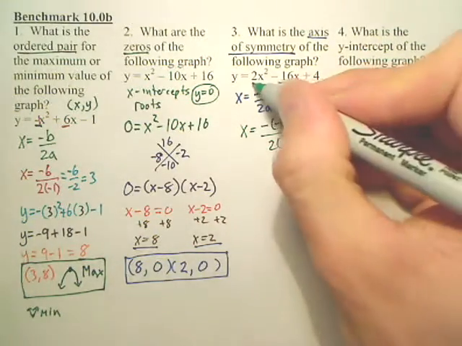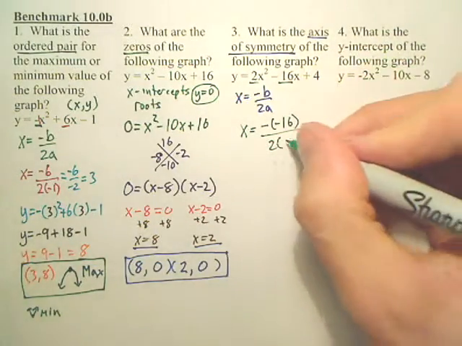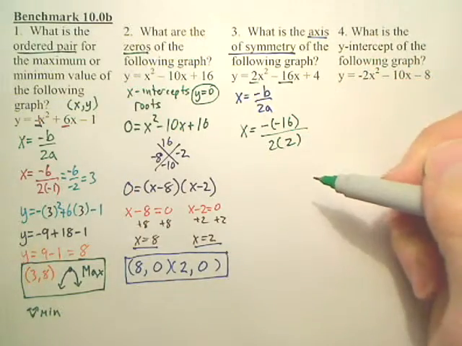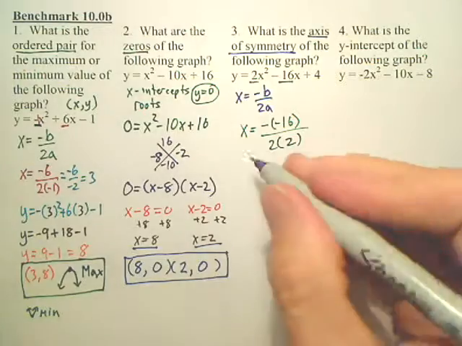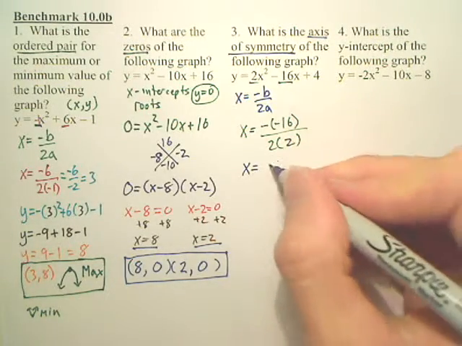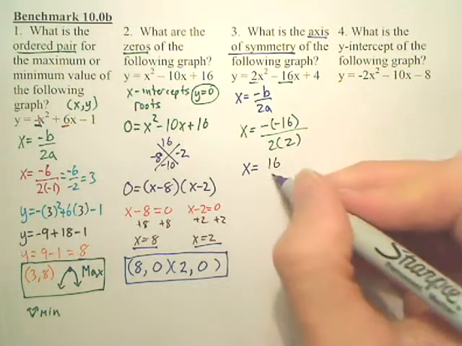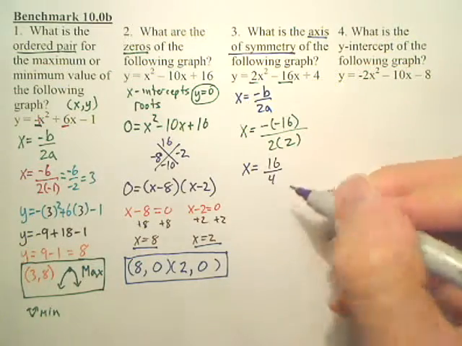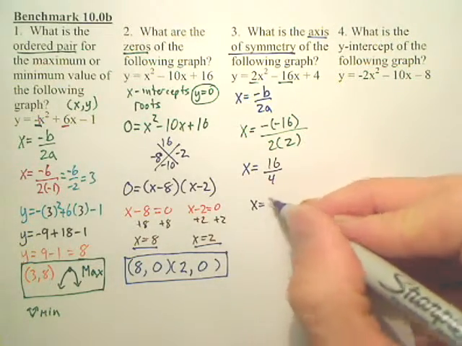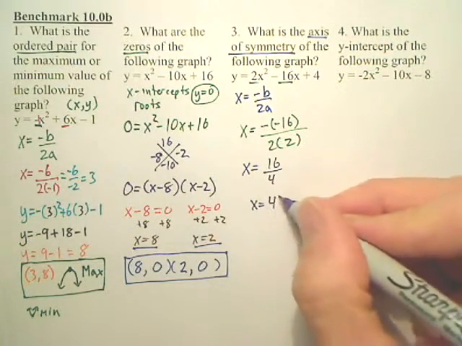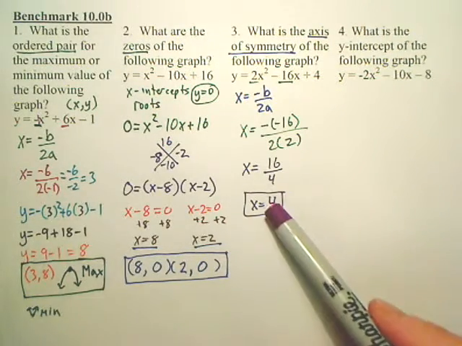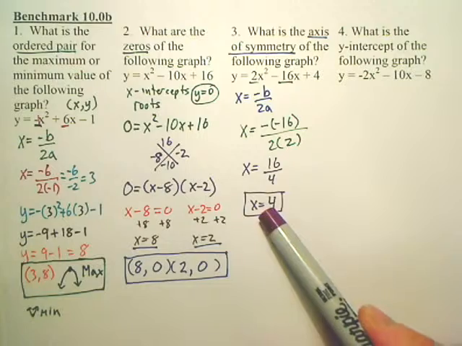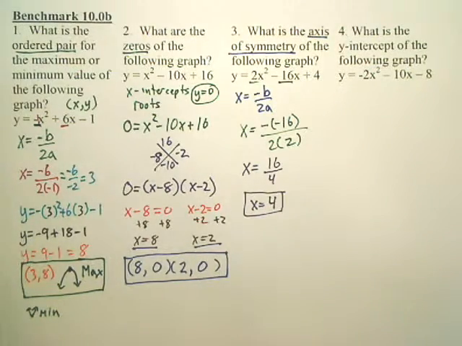And a is 2. So my axis of symmetry is going to be 16, because a negative times a negative, over 4. So 16 divided by 4 is 4. There's my axis of symmetry. x equals 4 is a vertical line at 4. There's the middle of this particular graph.